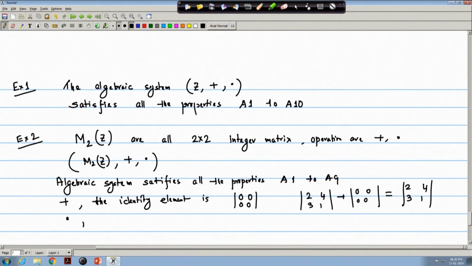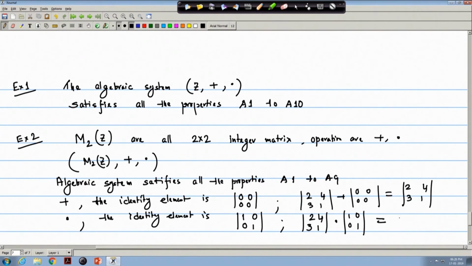Then with respect to multiplication, the identity element is 1 0 0 1, since if I multiply 2 4 3 1 by 1 0 0 1, simple matrix multiplication, we will get 2 4 3 1.